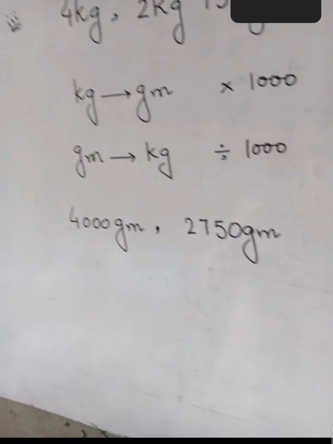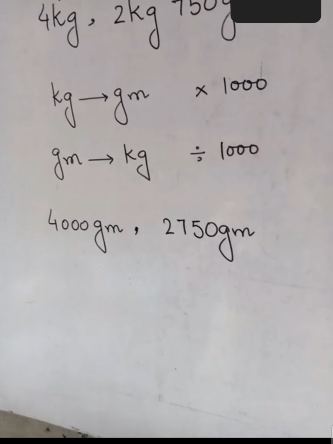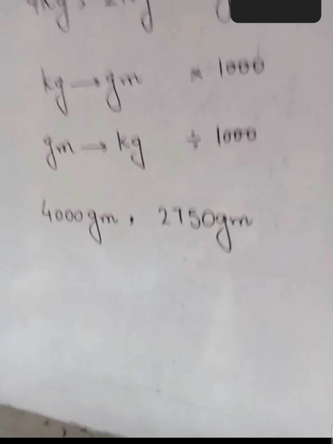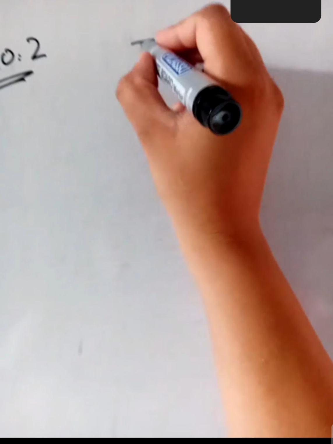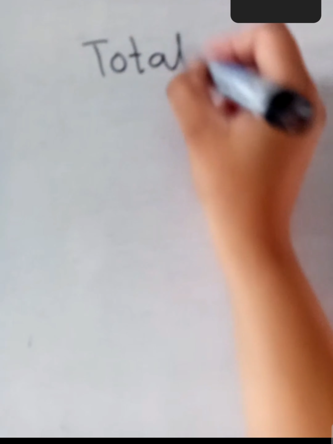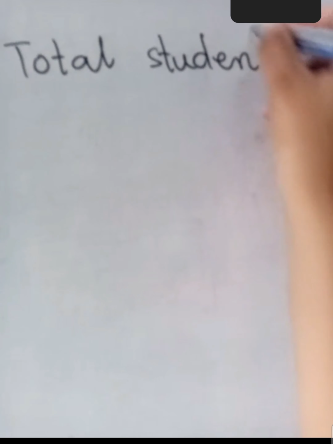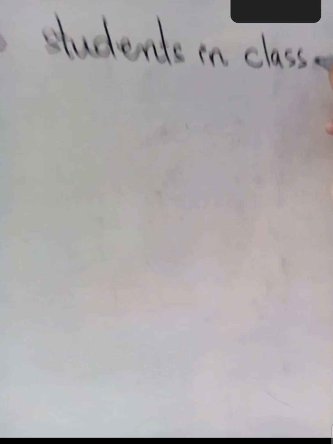In a class of 60 students, 25 students are girls and the remaining students are boys. Compute the ratio. It is a simple question, not a difficult one. Total students in class, how many are they? 60. Yes, ma'am. Okay.